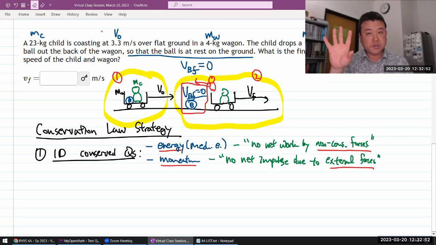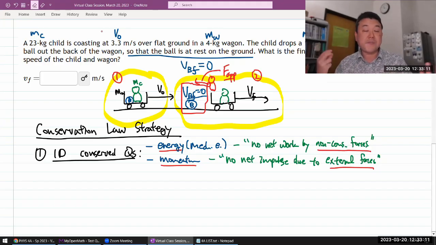Where does that energy involved in the throwing come from? The force that the child is applying on the ball is an applied force. It's one of the non-conservative forces. And really, the energy that the child is throwing the ball with comes from the chemical energy, the food energy. It's not one of our mechanical energies.